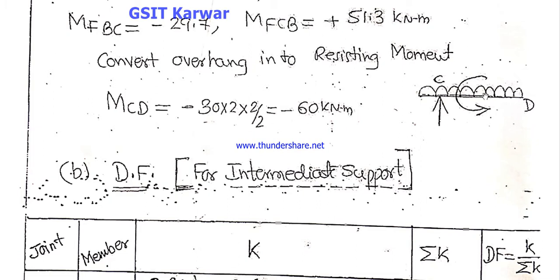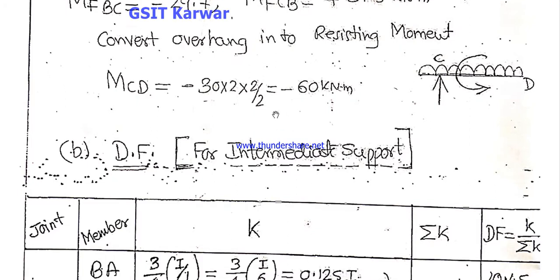Why? If we multiply 30 into 2, it converts to a point load, but it acts at the exact center, so the perpendicular distance is 1 meter. That means 2 by 2. The answer we are getting is minus 60 kilonewton meter.